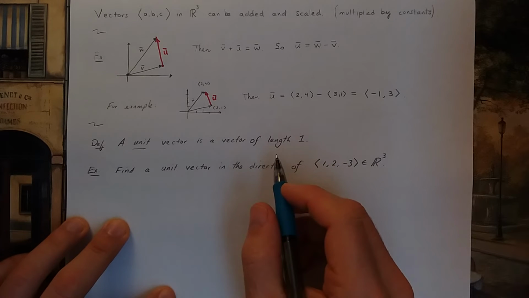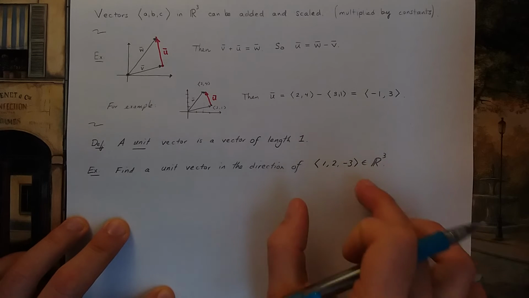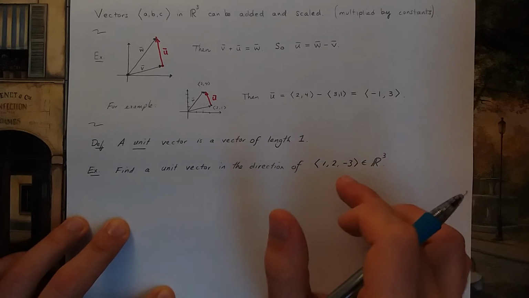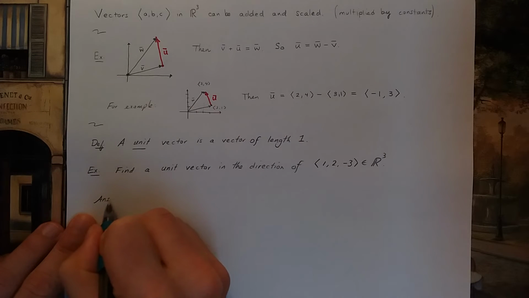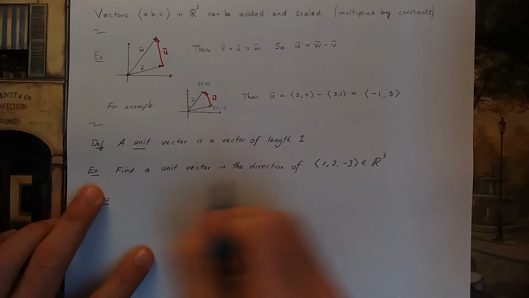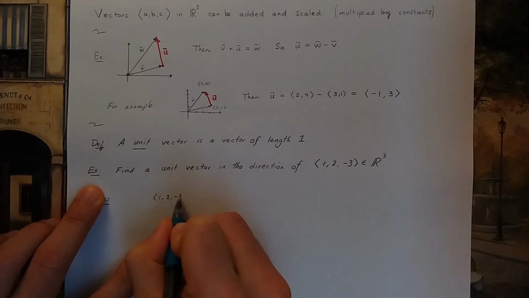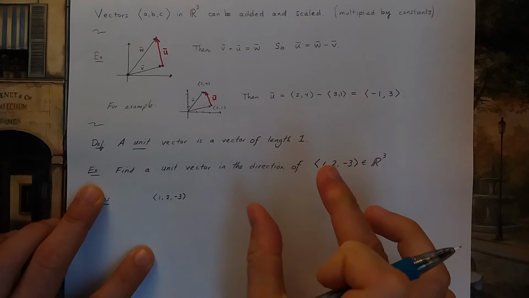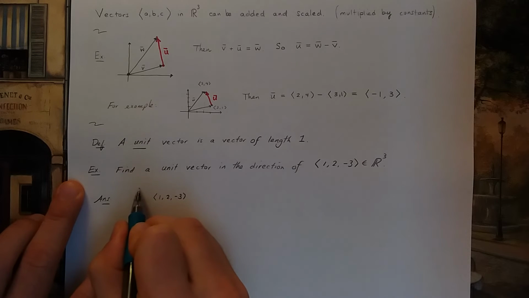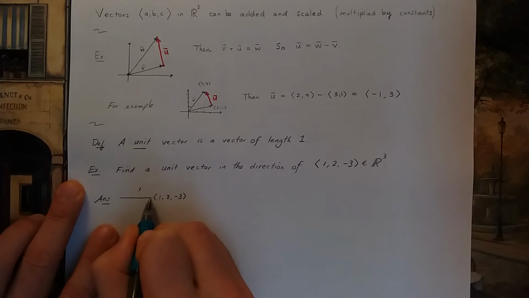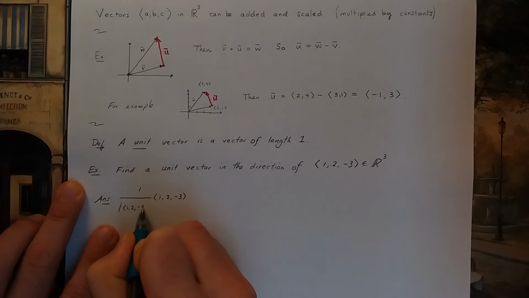The way to take a vector and make it have length 1 is to divide by its length. So here's my answer. I'm going to take my vector 1, 2, negative 3, and I'm going to shrink it or elongate it to make it have length 1. And to do that, I'm going to divide by the length of the vector 1, 2, negative 3.